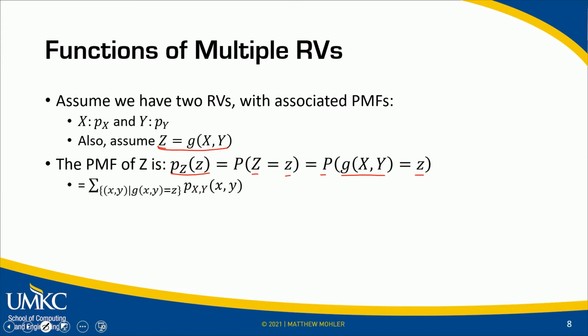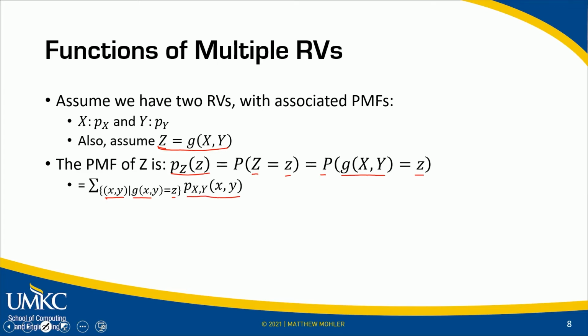Now, another way to express this and to simplify this is to say that this is the sum over all possible pairs of x and y where that function of x and y is equal to little z, multiplied by the PMF of x and y.